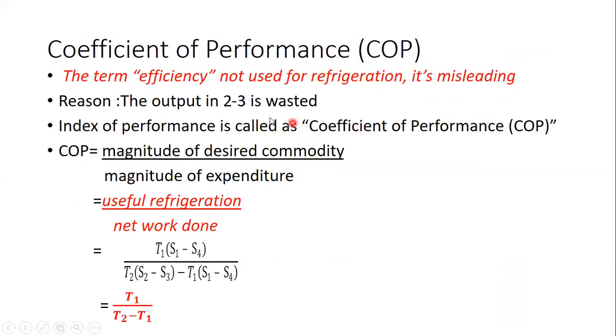So if we use the term efficiency, it cannot be properly used for qualifying our refrigerator. So we are trying to modify this term efficiency by denoting some other parameter. So we are slowly modifying our term efficiency as coefficient of performance.